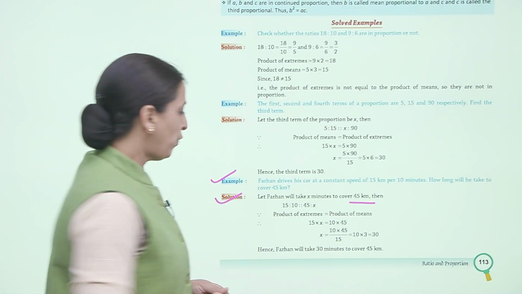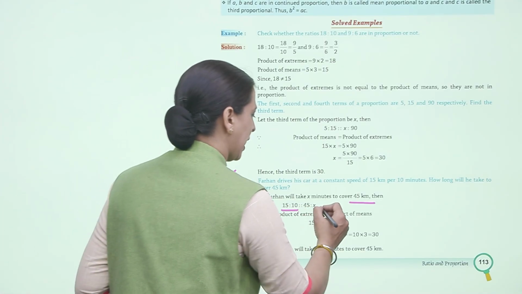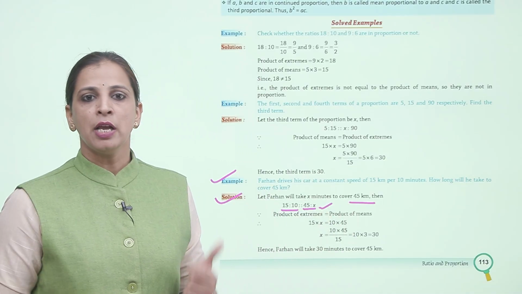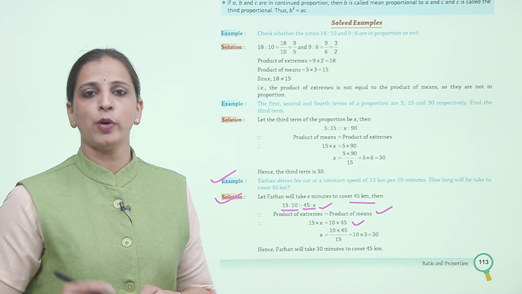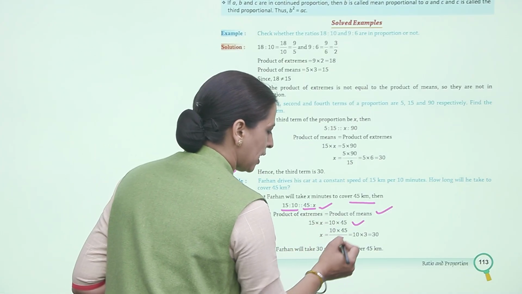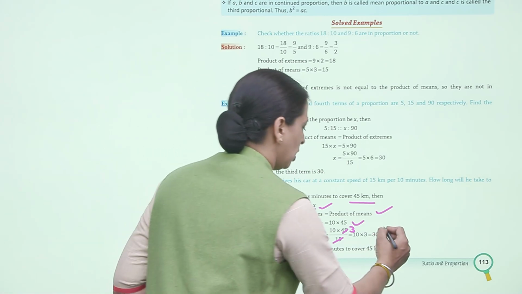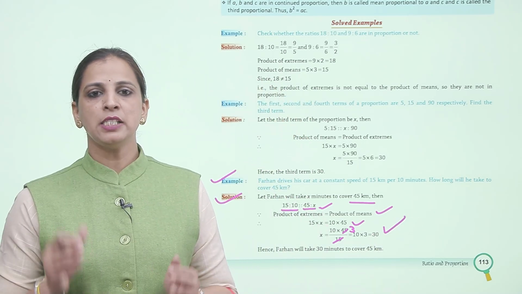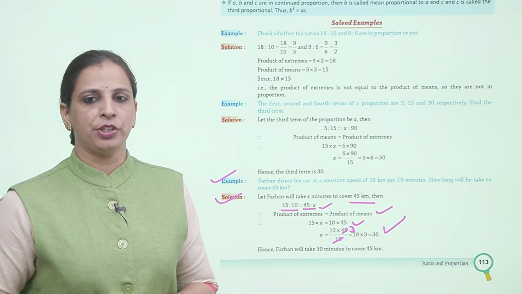Then 15:10. 15 kilometer 10 minutes में और 45 किलोमीटर x मिनट में प्रोपोर्शन में हो गया. Now product of extremes is equals to product of means, that is 15 into x is equals to 10 into 45. x is equals to 15 नीचे आ जाएगा, 15 3 जा 45, 10 into 3 is equals to 30 minutes. Hence Farhan will take 30 minutes to cover 45 kilometer.